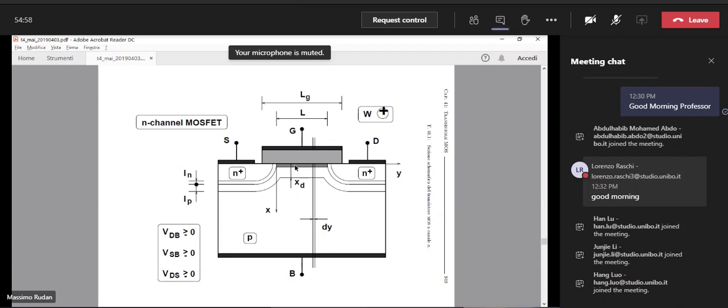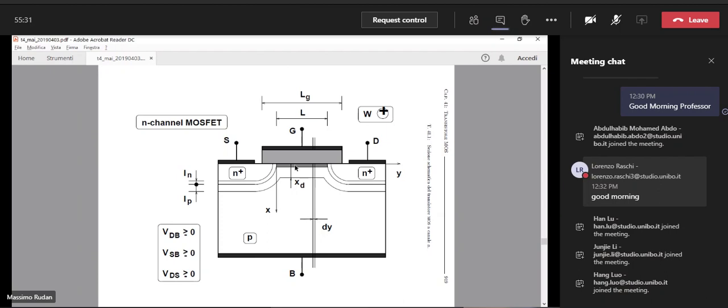How much current do we expect? Essentially, it depends on how much charge we have in the inverted layer. If we have many electrons in the inverted layer, the channel will be less resistive qualitatively, so we shall expect a larger current in the channel. If there are not so many electrons in the channel, we expect a smaller current.